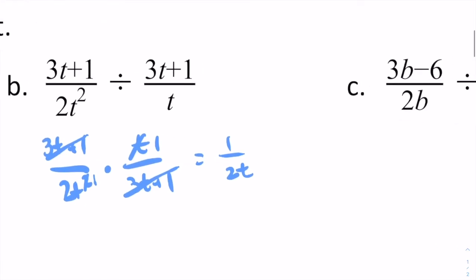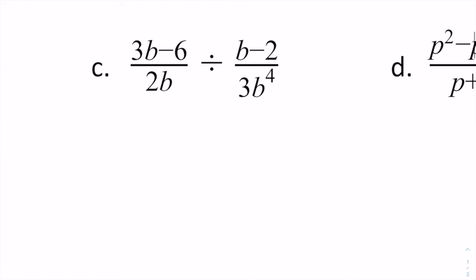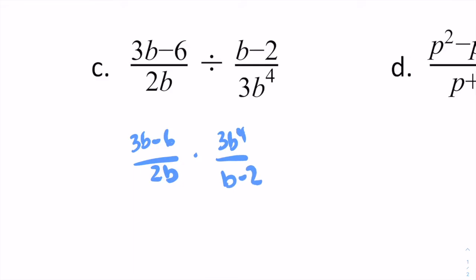Alright, letter C, 3b minus 6. So keep, change, and flip. And you're like, well, what do you guys notice about 3b minus 6? You can take the GCF out of 3b minus 6, right?